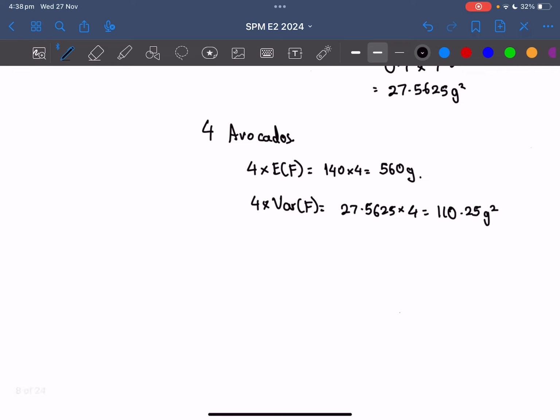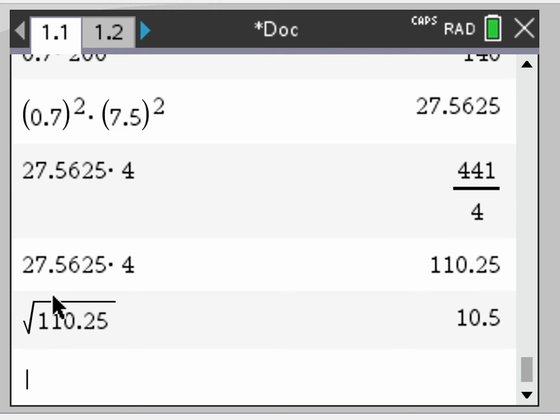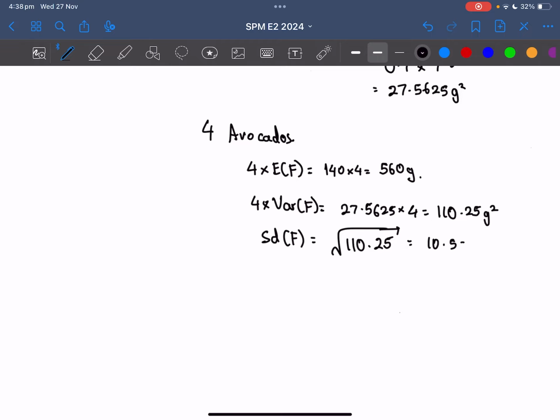And so the standard deviation of F is the square root of the variance, which is 10.5 grams.